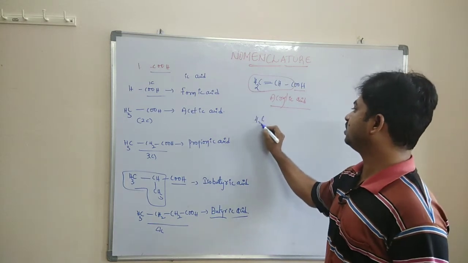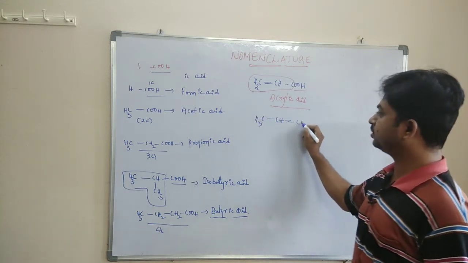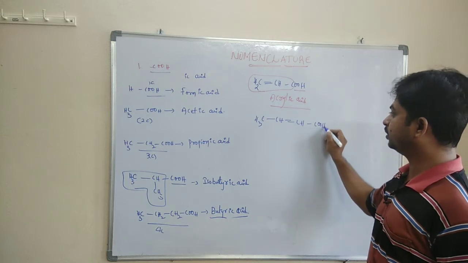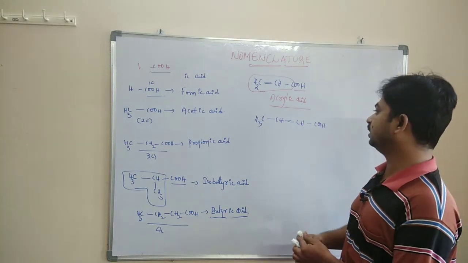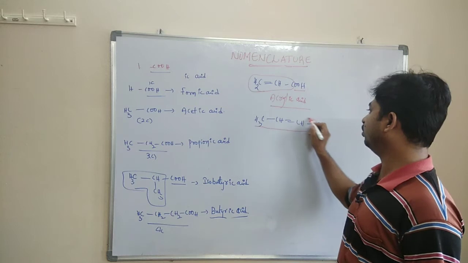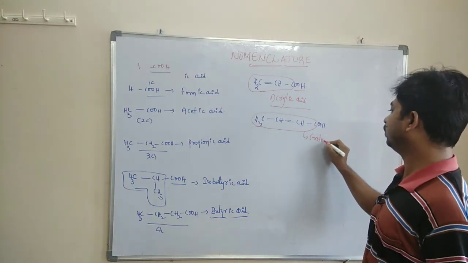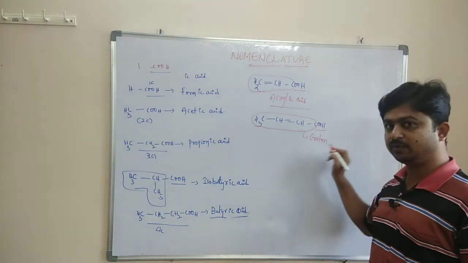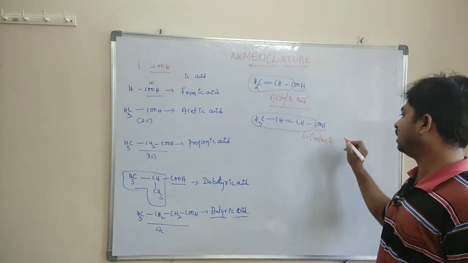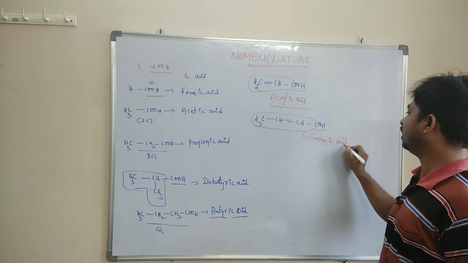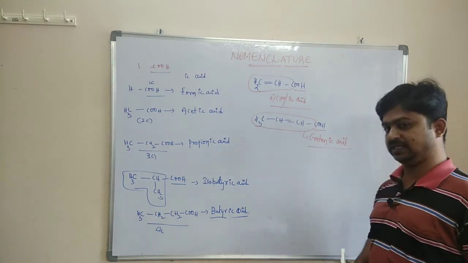Next, CH3CH=CH-COOH. We have already discussed that four carbons with one double bond is called croton. It has COOH, then the suffix becomes ic acid, so the name is crotonic acid.